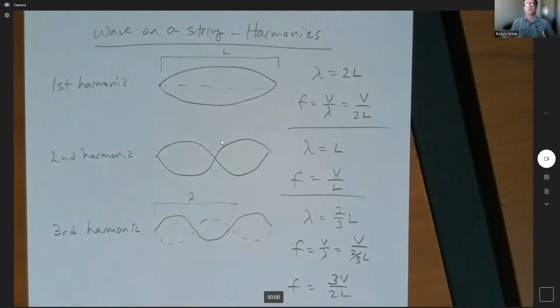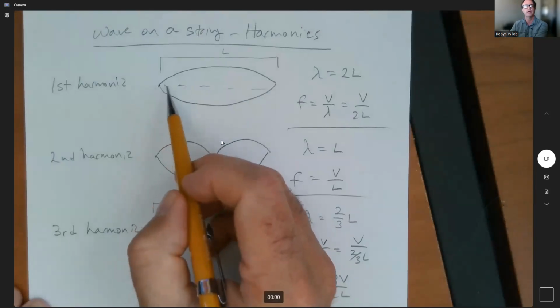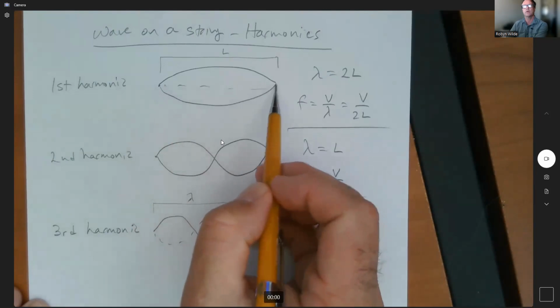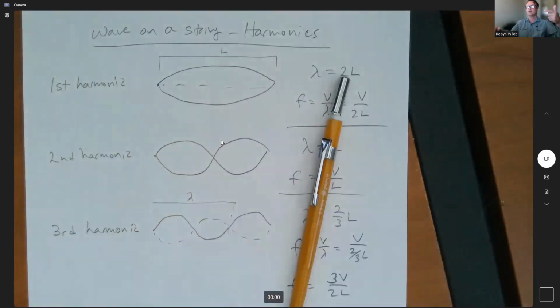But what will happen is when you get these standing waves, they happen on a string because if I shake one end of the string up and down, a wave will travel. And then when it gets to the end, it will reflect and come back. So on a string, I get these incoming waves and reflected waves, and they're overlapping and interfering.